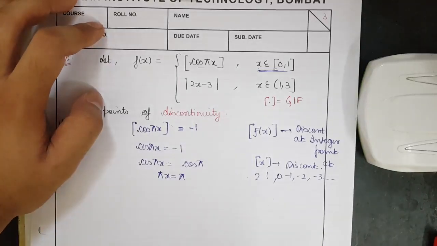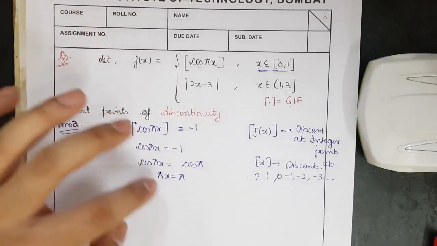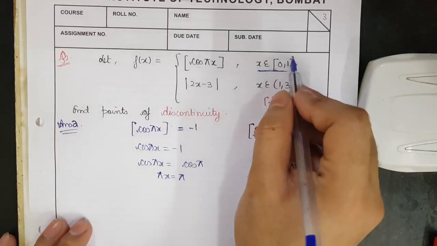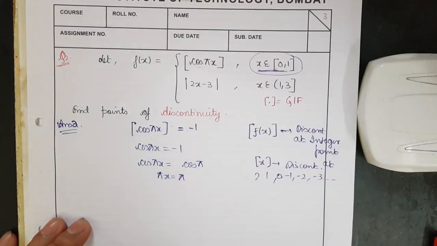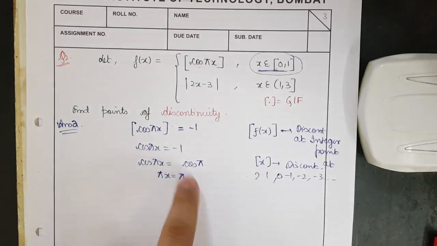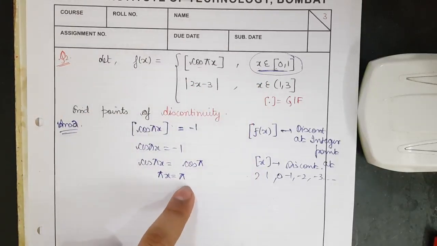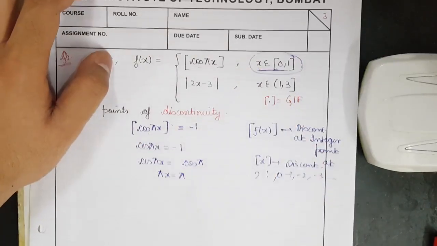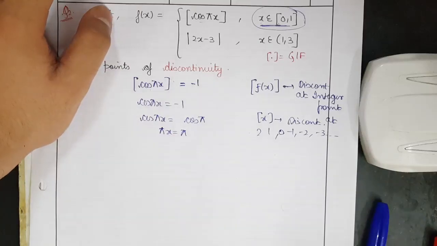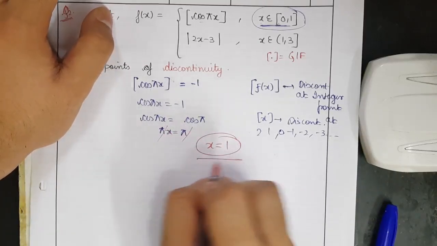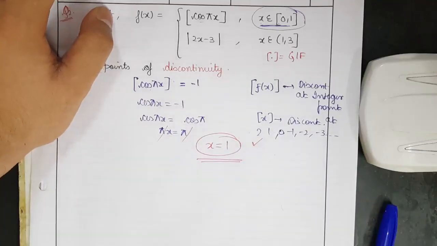Why aren't we taking the general solution here? Why only the principal solution, or whatever we want to take according to the condition? Because the value of x is restricted. We don't have infinite values for x. If you take any other value, like 3 pi here, we get the value of x equal to 3, which is not in the given condition. So that will be useless for us. So from here the value of x comes out to be 1. So the first point of discontinuity for this function is x equal to 1.